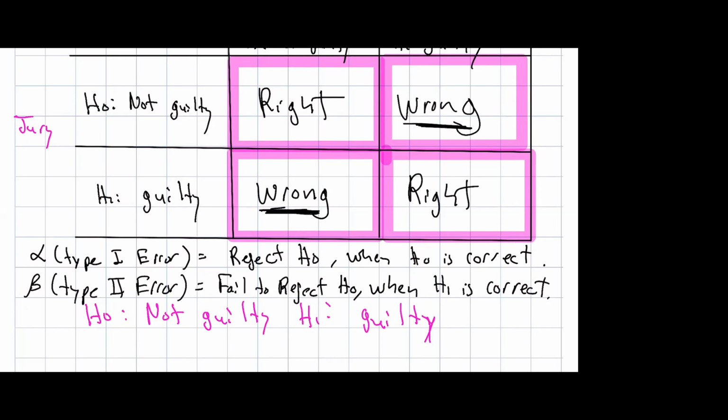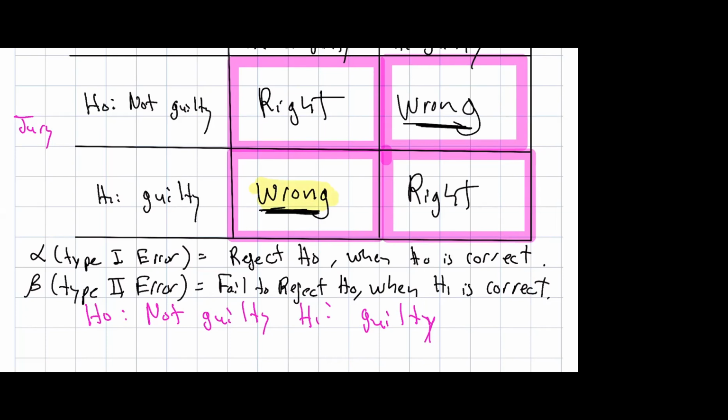So let's look at this one. What we want to do is decide if this wrong decision was a type 1 error or a type 2 error. So which one do you think this wrong decision is?